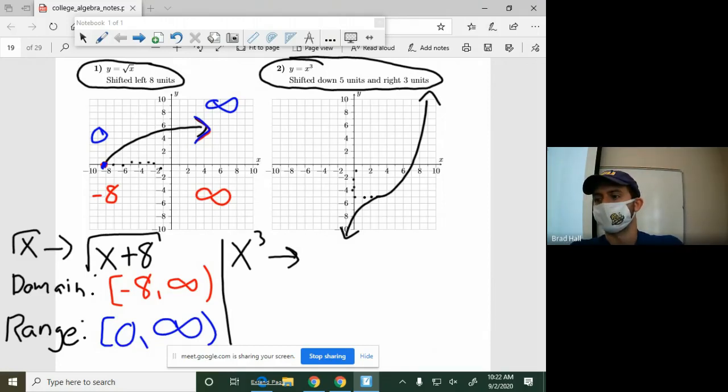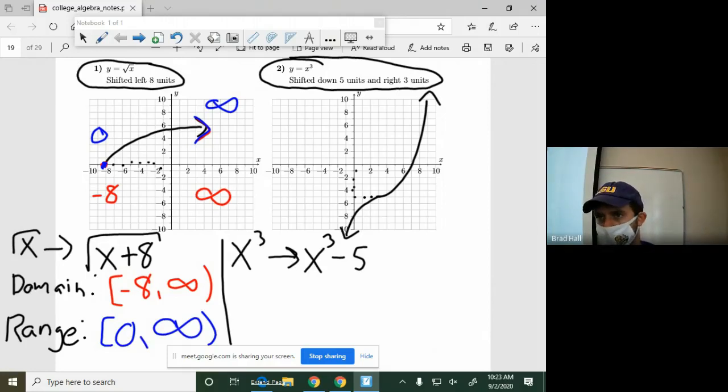So what does it mean to go up or down? This one's generally the easier one. Going down means you would just subtract 5 from the function itself. So this would be down 5, where we just take the function and we subtract 5.